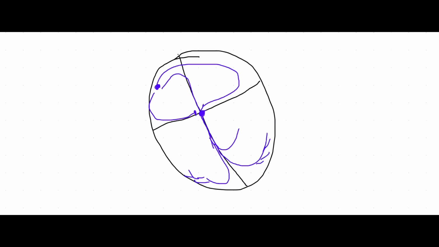So SA node, sinoatrial node. And then inside here, we have the AV node. And then again, I want you to also remember that this is the junction.